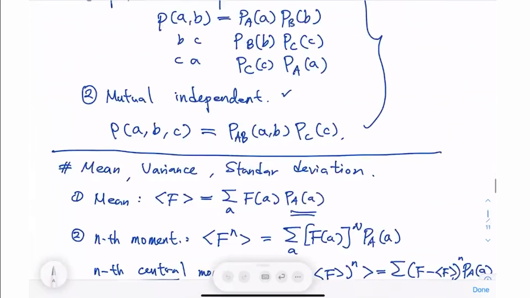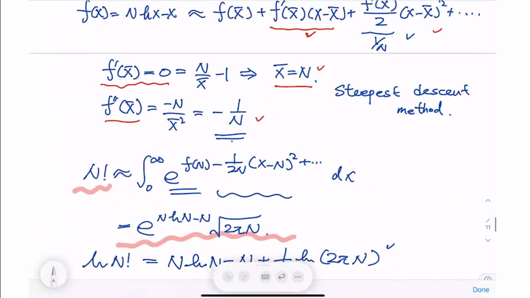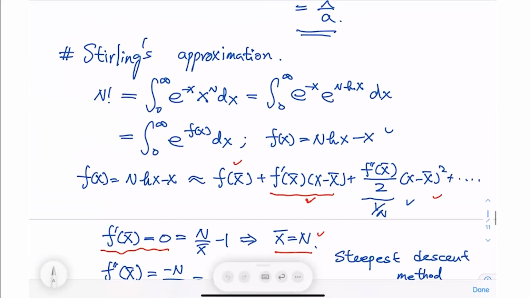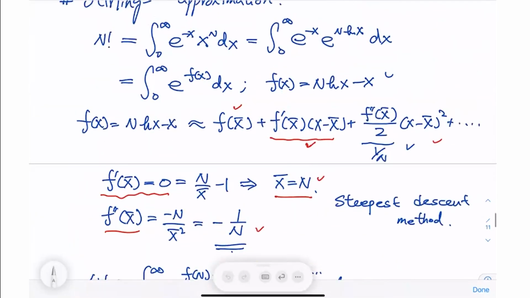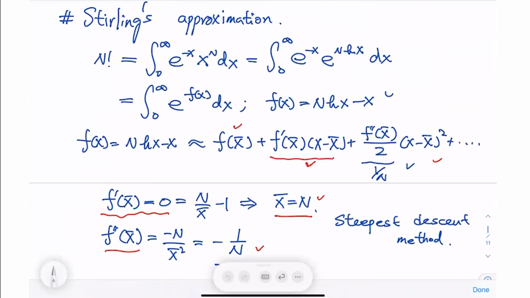And another thing is about the derivation of Stirling's approximation. I think I forgot to write it down, but the important thing about this expression is that this way of trying to evaluate the integral by expanding nearby the point where the first derivative equals 0 is called the steepest descent method. Okay, so it is very useful when you try to evaluate an integral of this kind of form.